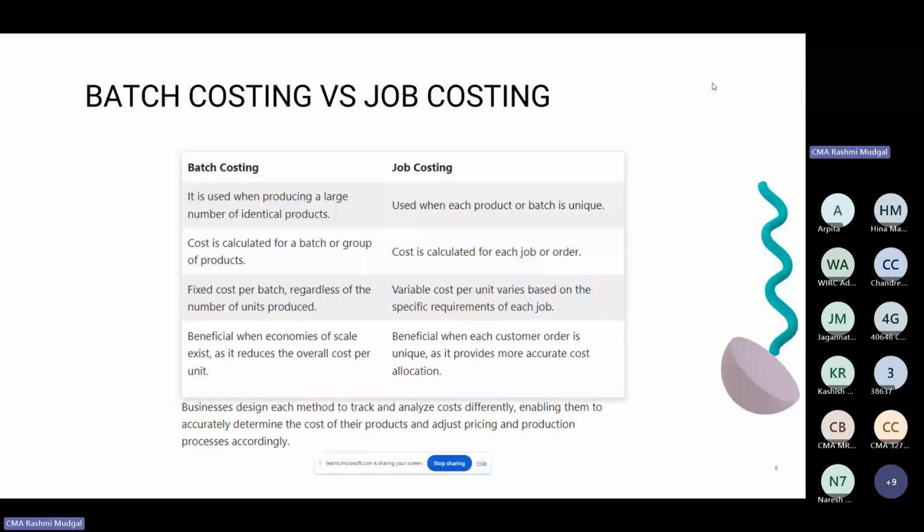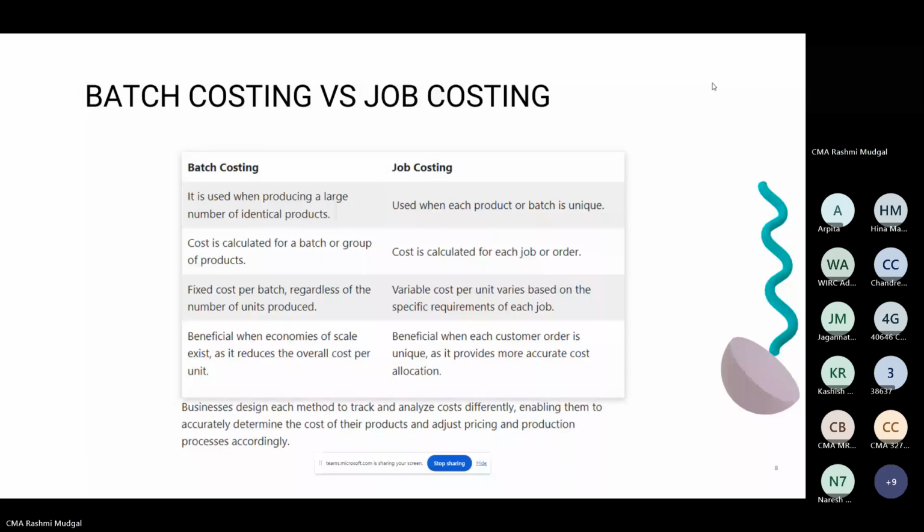In the second thing, cost is calculated as per the batch or a group of products, but in the job, we calculate as per the job and order. In batch costing, fixed cost per batch unit we produce, we put into the batch. But in job costing, we go with the variable cost basis. No fixed cost is associated in job costing.